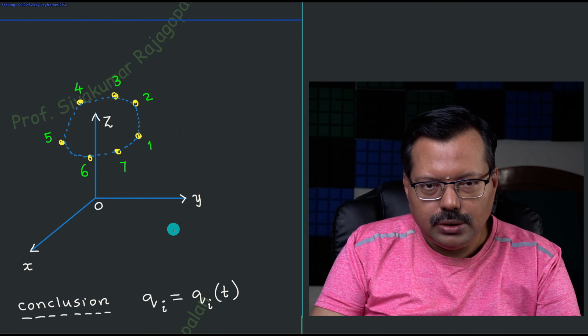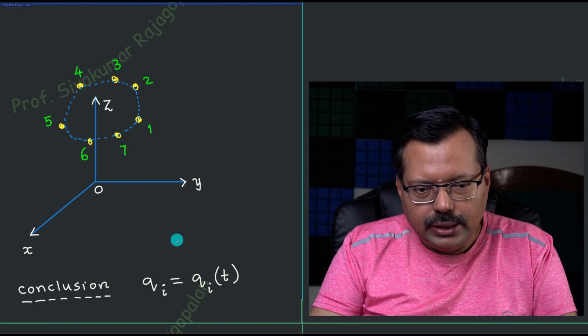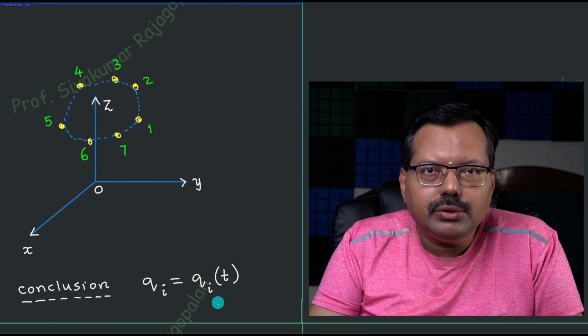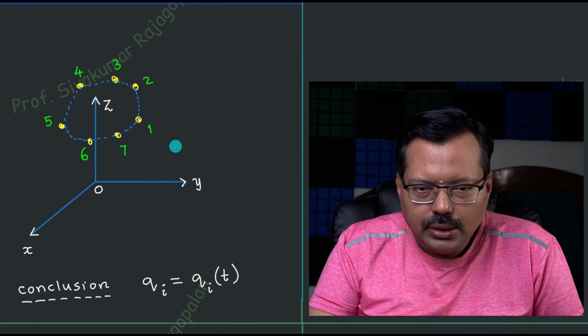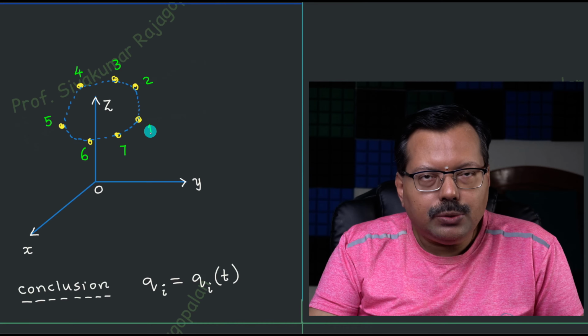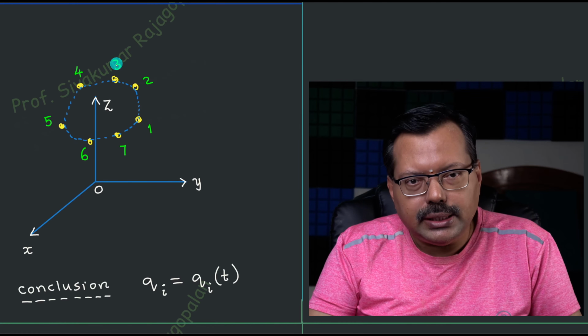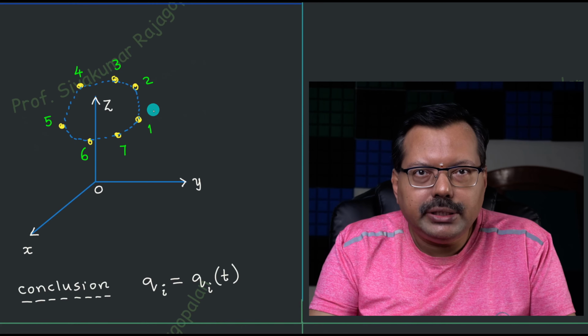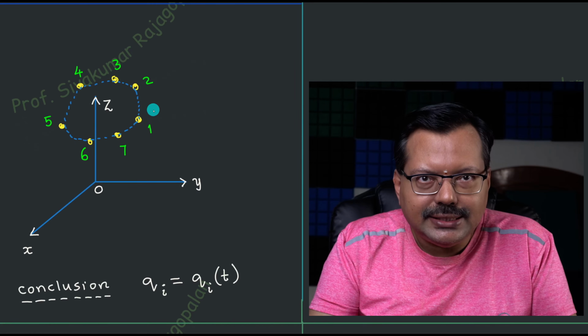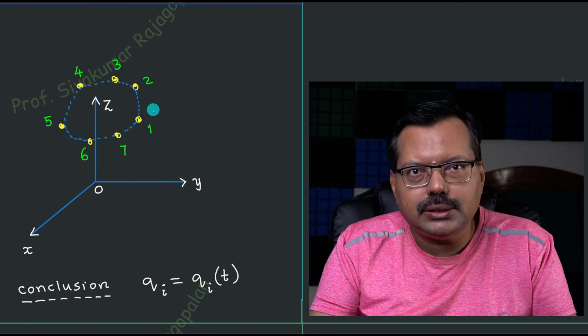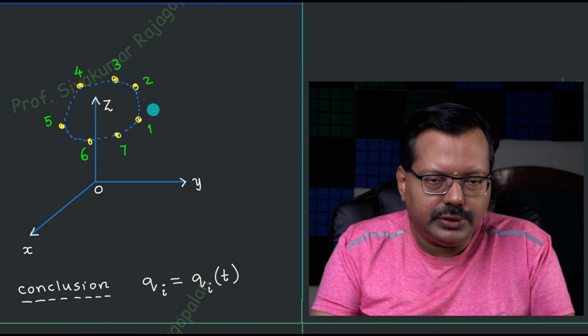So the configuration Qi is now a function of time. As you can see, point number 1 is one configuration, point number 2 is another configuration, point number 3 is another configuration. Configuration means instantaneous snapshot of a dynamical system. That's all. That is the meaning of configuration.